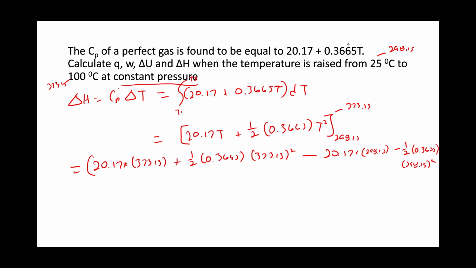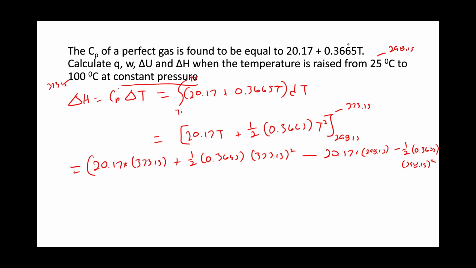All right, so big old parentheses, 20.17 times 373.15 plus 0.5 times 0.3665 times 373.15 squared. Parentheses, doesn't really matter.